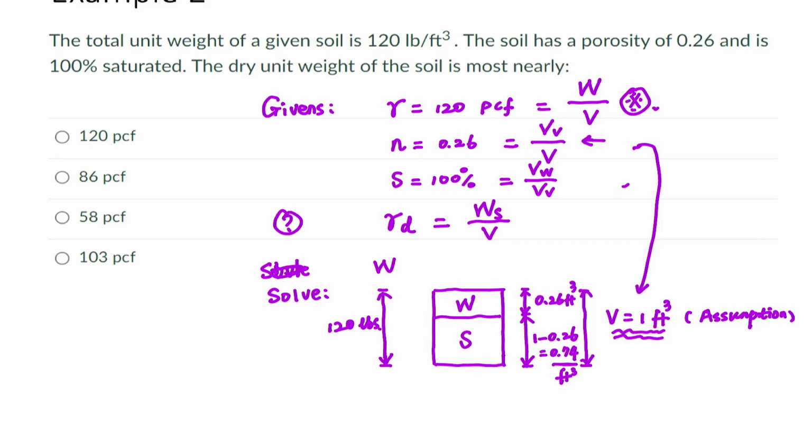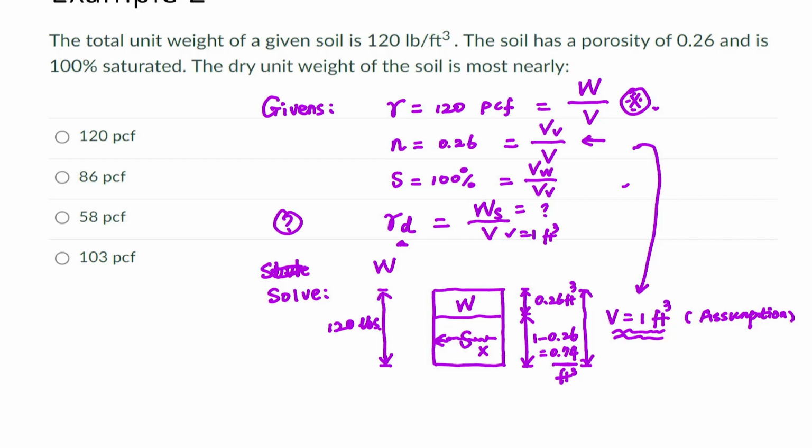And then the question is to find gamma D. We already know the total volume is 1. If we can find the weight of the solid, then we're good. But as I just said, although we know the volume of the solid, we don't know the specific gravity of the solid, so we can't go from volume to weight. So this is no good.